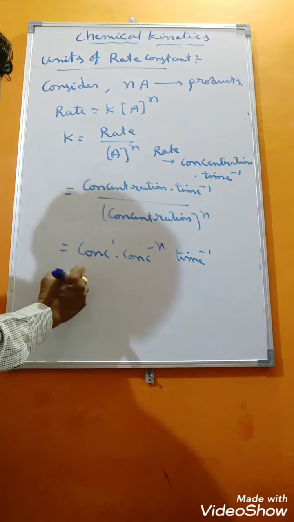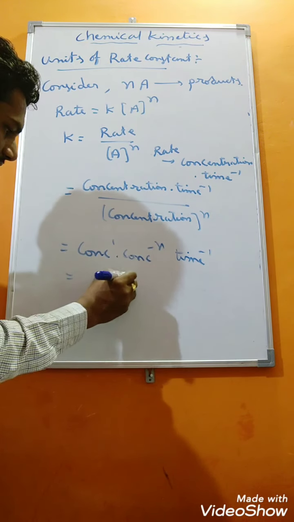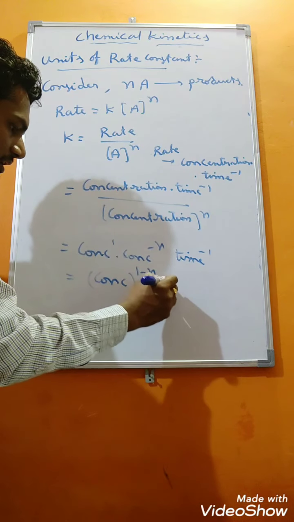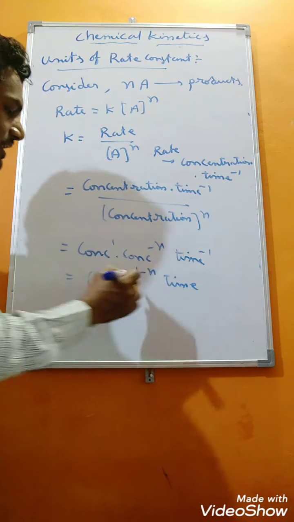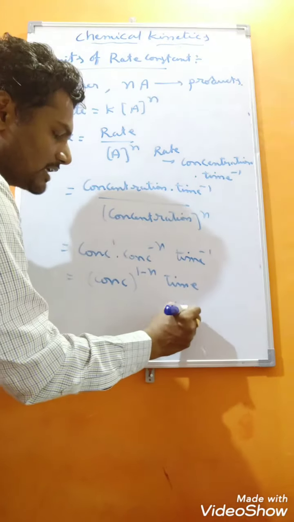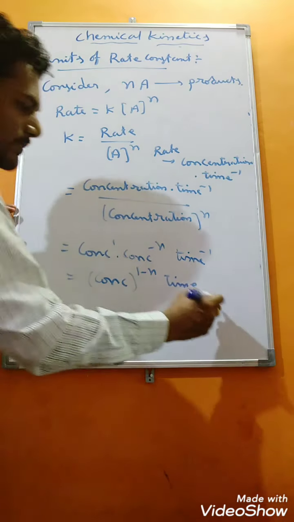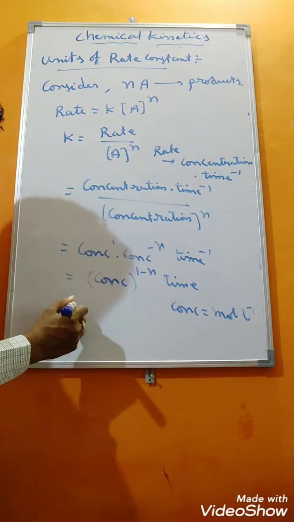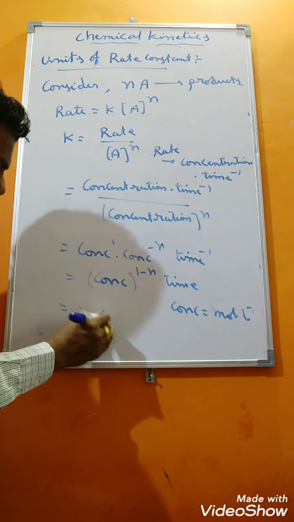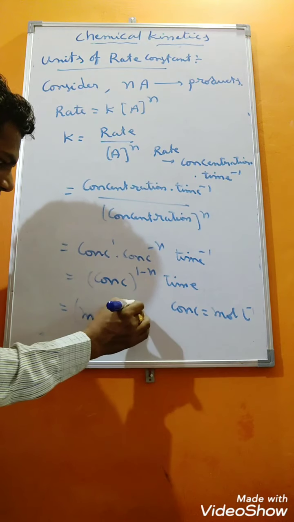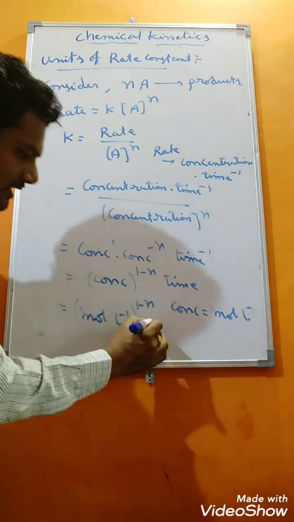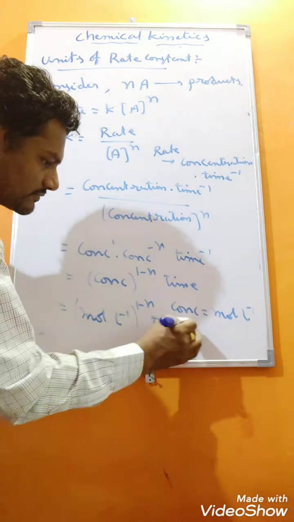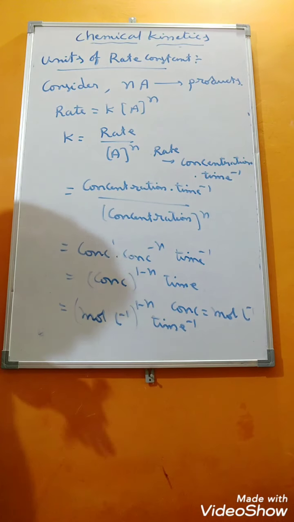So we can write this as concentration whole power 1 minus n, time inverse. Concentration is nothing but moles per liter, that is mole liter inverse. That you can substitute here: mole liter inverse whole power 1 minus n, time inverse. Right, student?